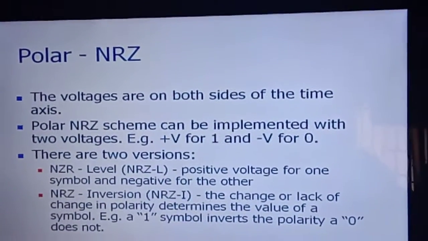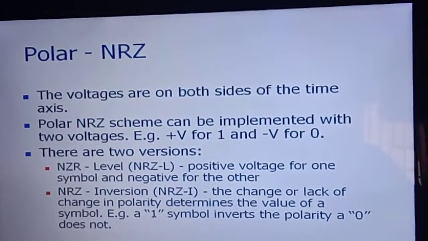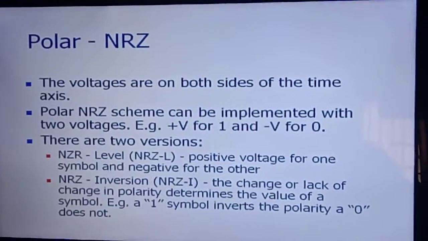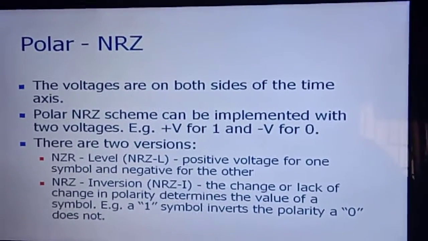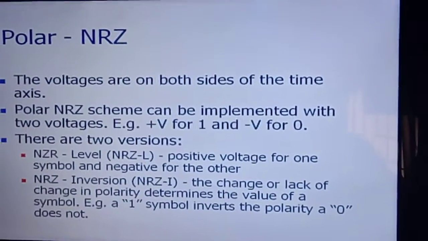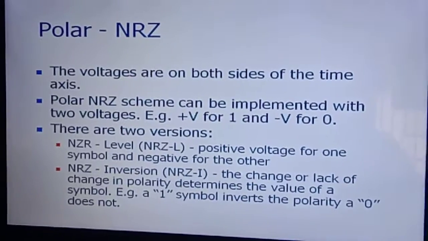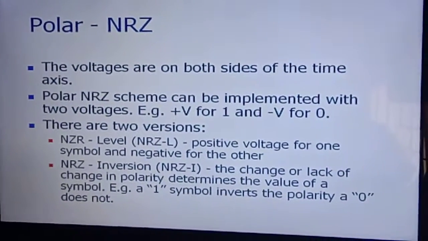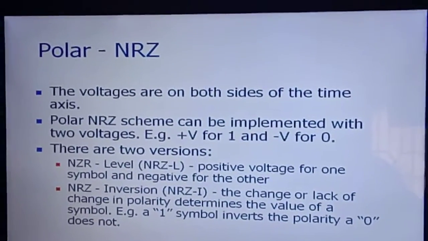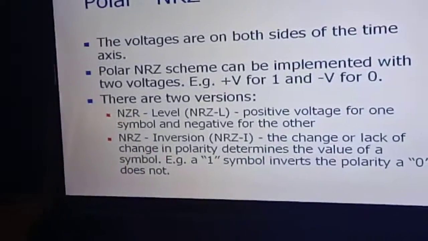That is, in non-return-to-zero inversion, a 1 is always represented when the voltage changes from either positive to negative or negative to positive. If there is no voltage change, that is, the digital signal stays continuously positive or continuously negative, you represent that as 0.